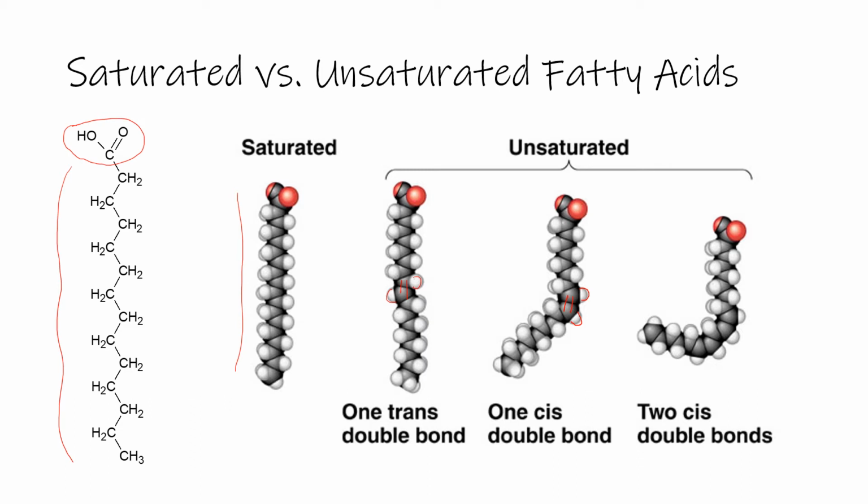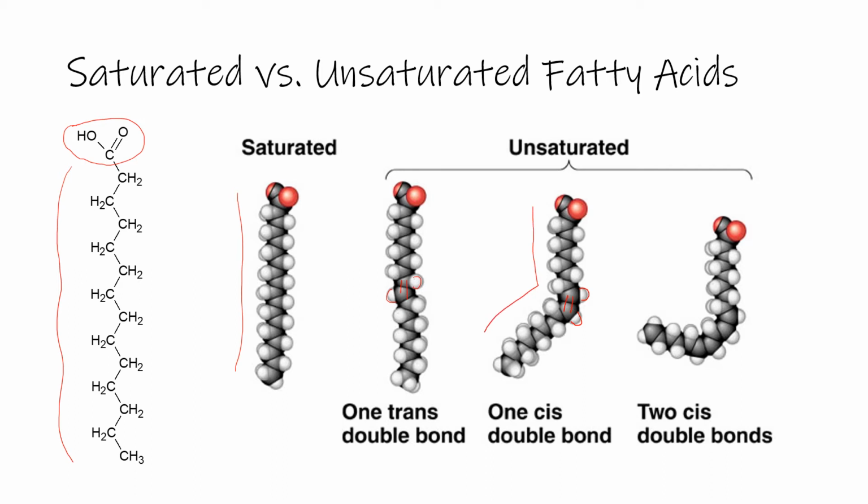Now, in the trans double bond, going back to that one, if you look at the shape, it's very similar to a saturated fatty acid. So it's going to behave and have a lot of similar properties as saturated fatty acids do. The unsaturated with the cis double bond, where the hydrogens are on the same side, puts a bend in it. We no longer have a straight fatty acid. Now we have one with a nice bend in it.